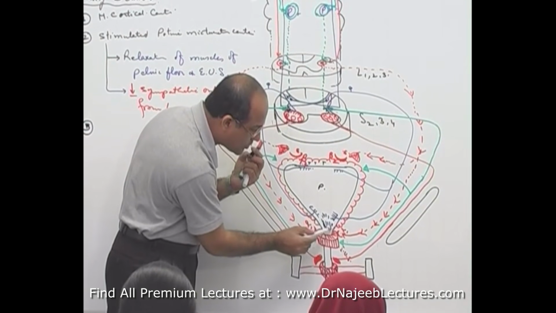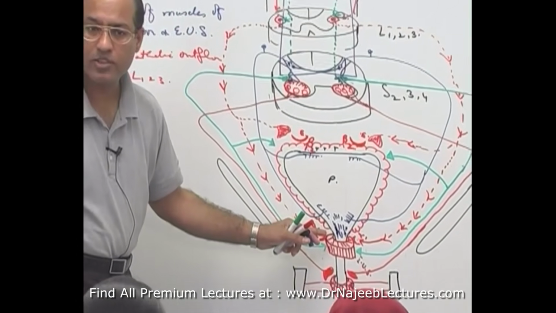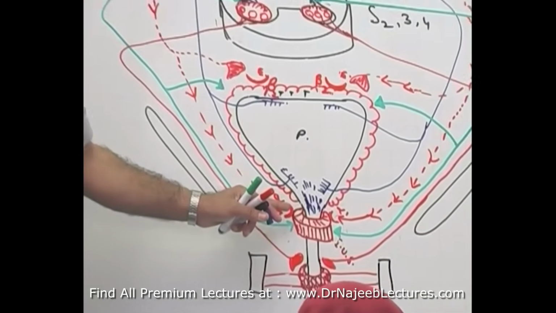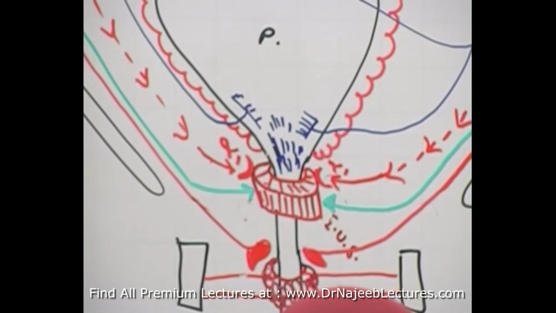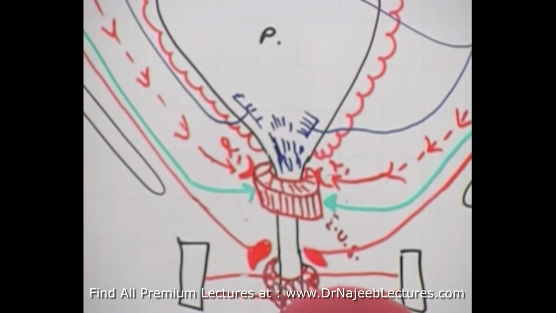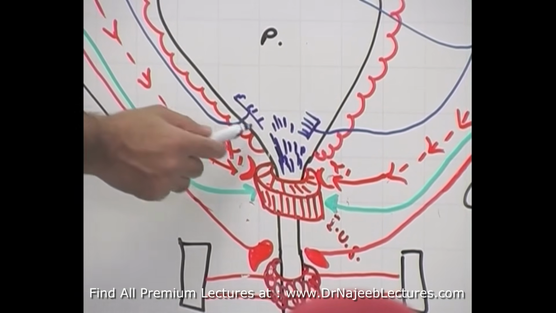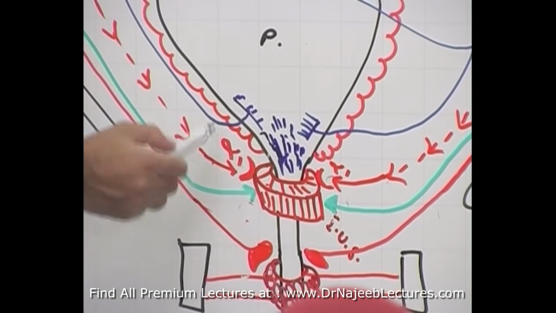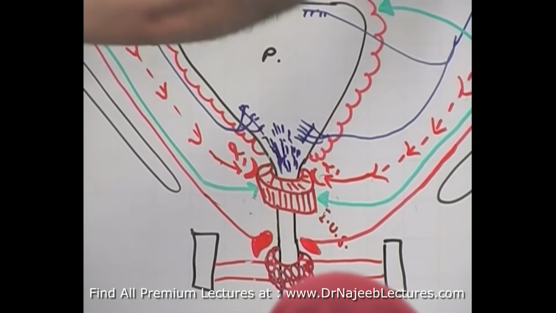Now this extra urine which has come into this area is extremely rich in sensory nerve endings. So as soon as he relaxes his muscles, a little bit of urine trickles into the initial part of the urethra, which is very rich in sensory nerve endings. There is a very heavy firing of the sensory nervous system.